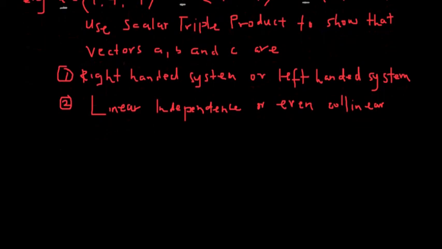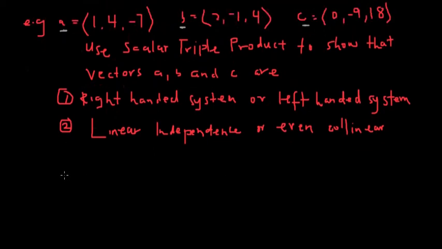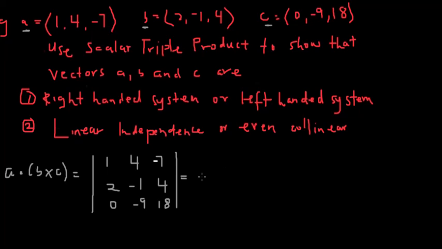The solution: we write our scalar triple product. So these are our scalar triple product. Now let's do the simple calculation. We have 1, and then minus 1, 4, and then minus 9, 18.